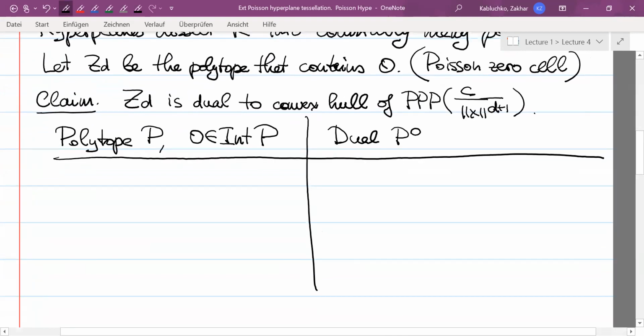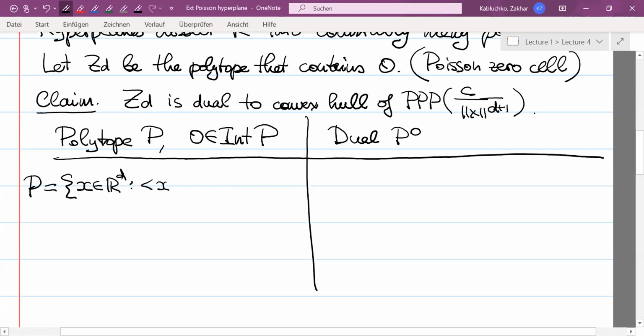So first of all, let us look at the polytope P itself. A polytope, if it is bounded, is a set of solutions to a system of linear inequalities. Now, the polytope P can be given by the following system of inequalities. It is the set of all x such that x times y_i is smaller or equal than some c_i.